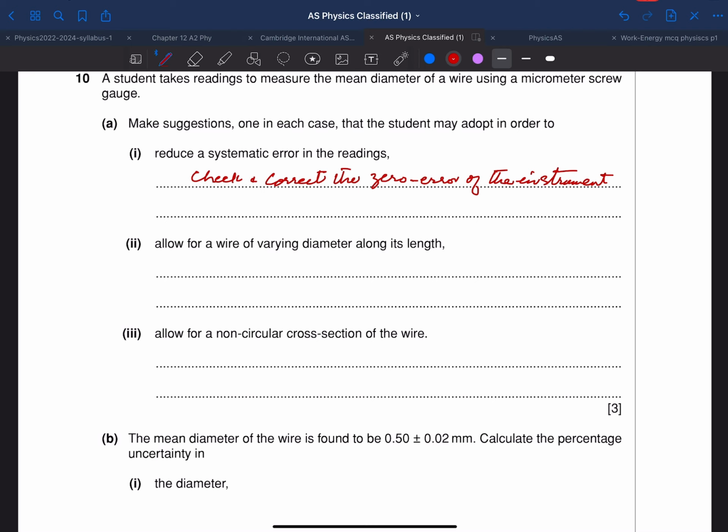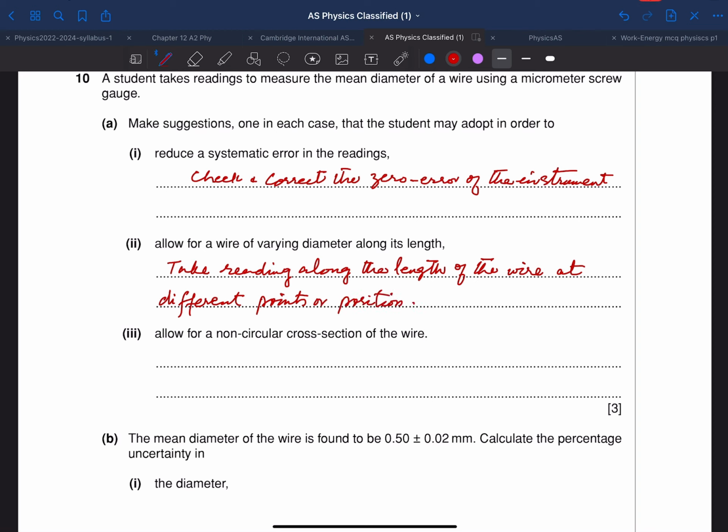So what we have to do is take readings along the length of the wire at different points or positions. In this way you can rectify your error.